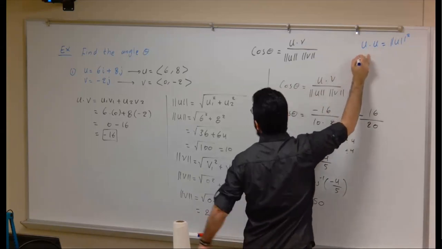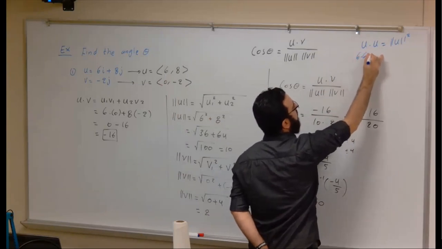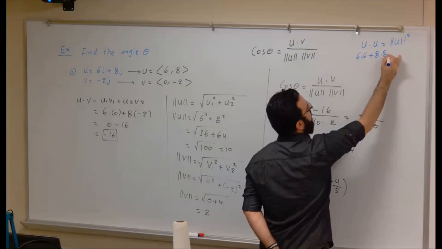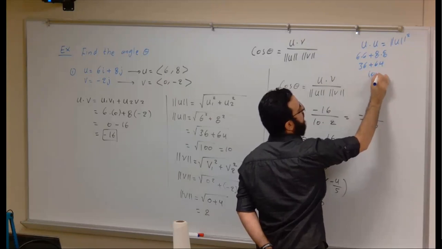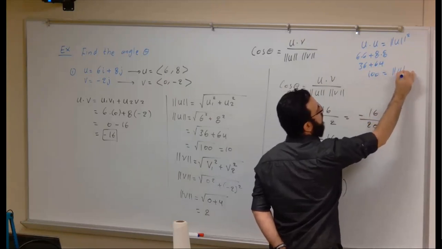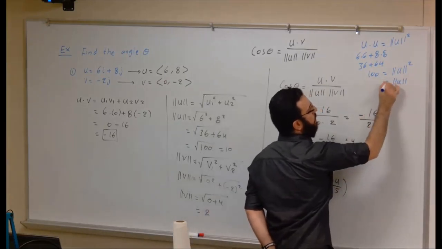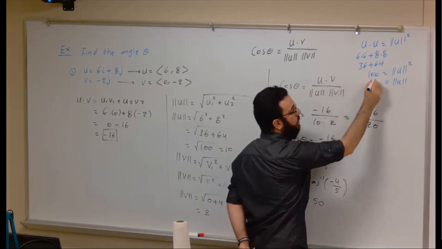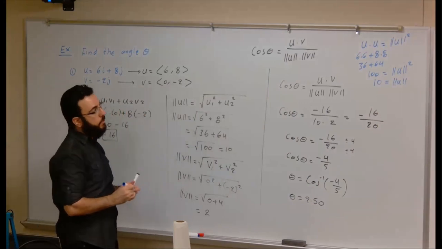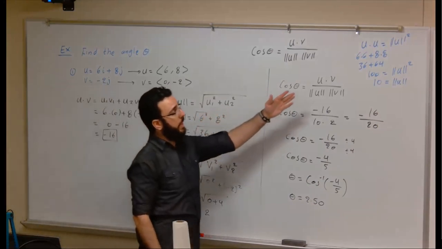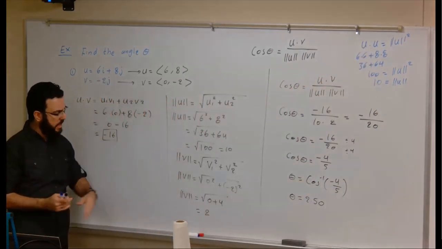So if I do the dot product between U and itself, that means it's going to be 6 times 6 plus 8 times 8, which is equal 36 plus 64, which is equal 100. 100 equal the length of U squared. What about the length of U? You have to take the square root of 100, which is going to be 10. So both ways going to be right. If you need to find the length, instead of using the root, you can say, okay, I can use the dot product. So both is going to be right. The same thing for the V.